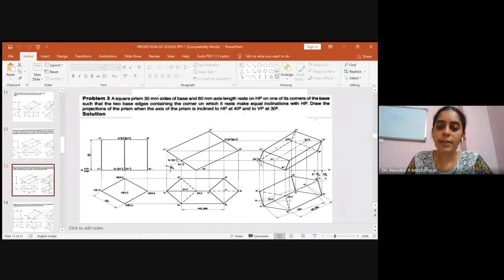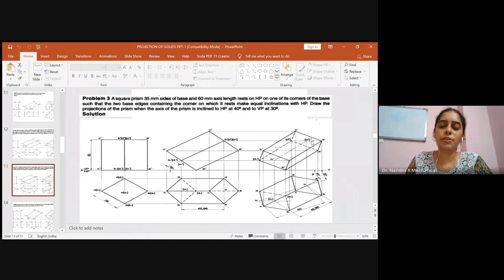So this is our D1 dash. Locus of C1 is meeting C1 dash at this point. So this is our C1 dash. And then this is a center. Locus of O1 is meeting O1 dash at this point. So this is our O1 dash. So we now got all the corners of the bottom surface.